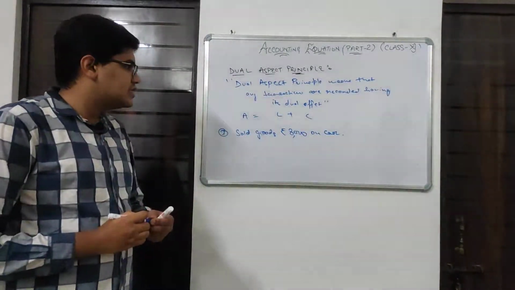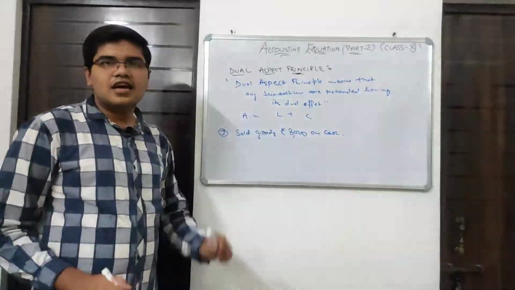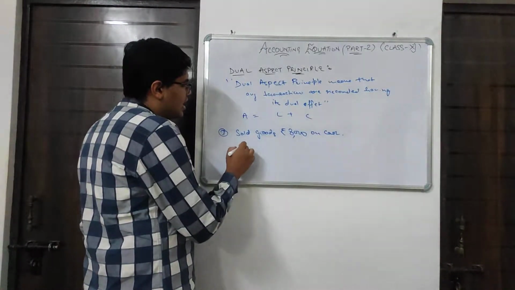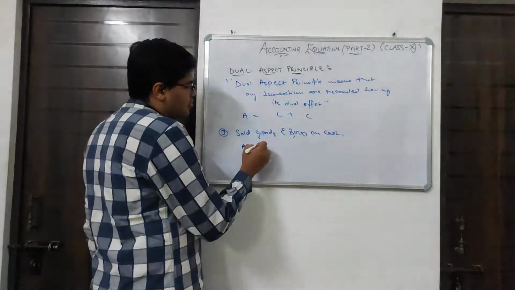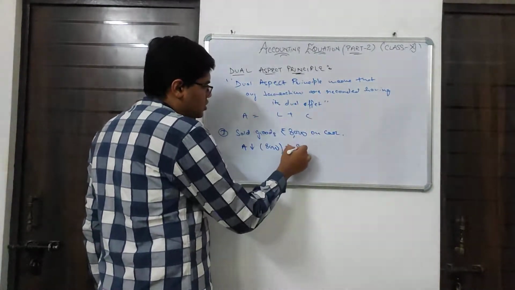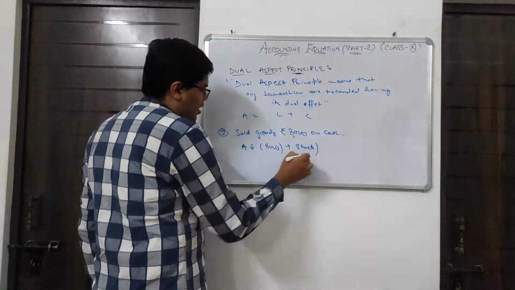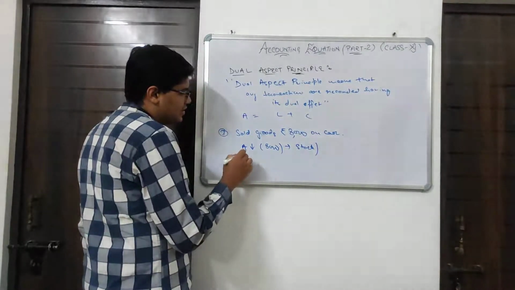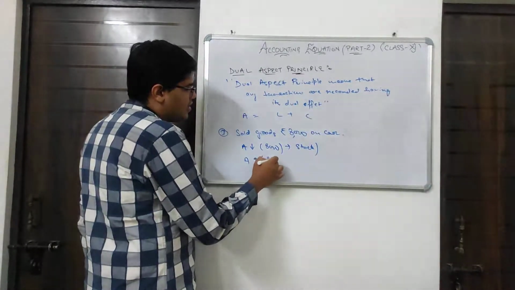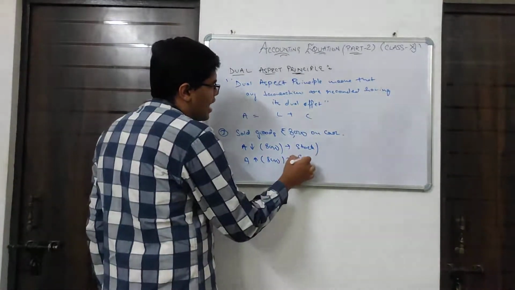Since we are selling the goods for rupees 8,000 on cash, on one hand our asset decreases by 8,000 through stock, and on the other side our asset increases by 8,000 through cash.